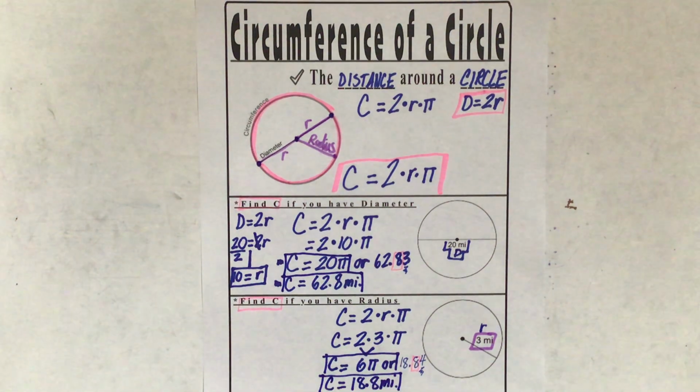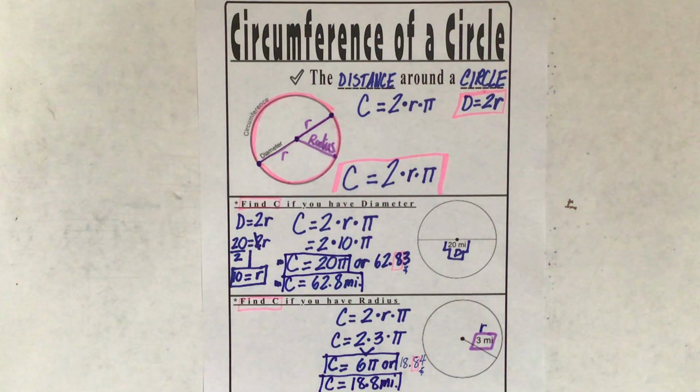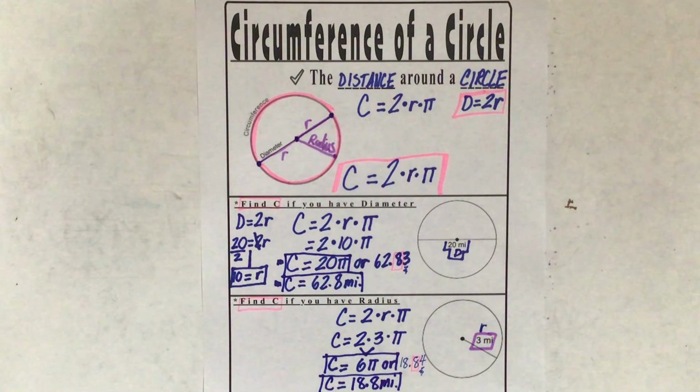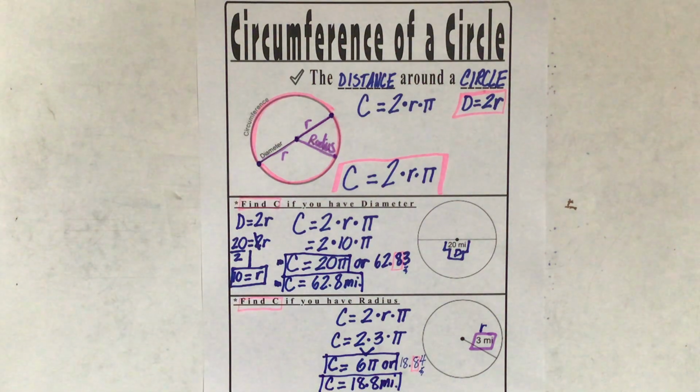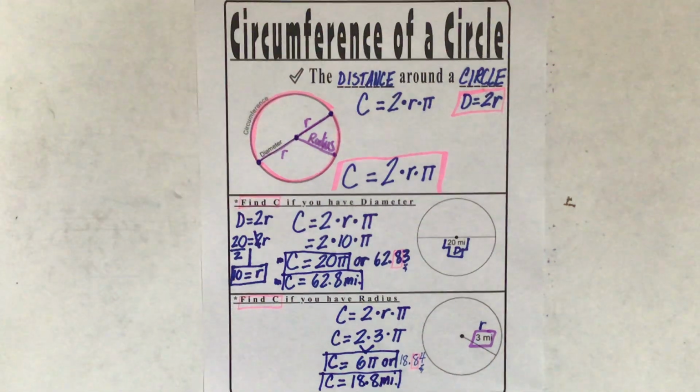Now we're going to see right now some questions where they ask you either give the answer in terms of pi or give the answer in terms of decimal by rounding to the nearest tenth. So let's do some examples of that.